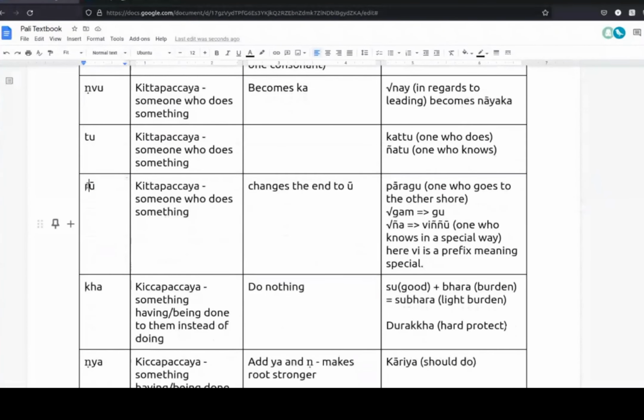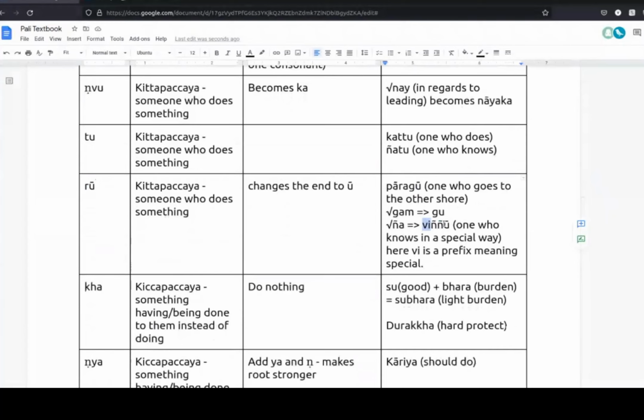Ru, not very common at all. But the r is not actually there. It's just u. Paragu. Gam goes to gu. Paragu. Should be like that, I think. Vinnu we've already seen. So you take the root nya, you add a prefix vi, you get vinya.